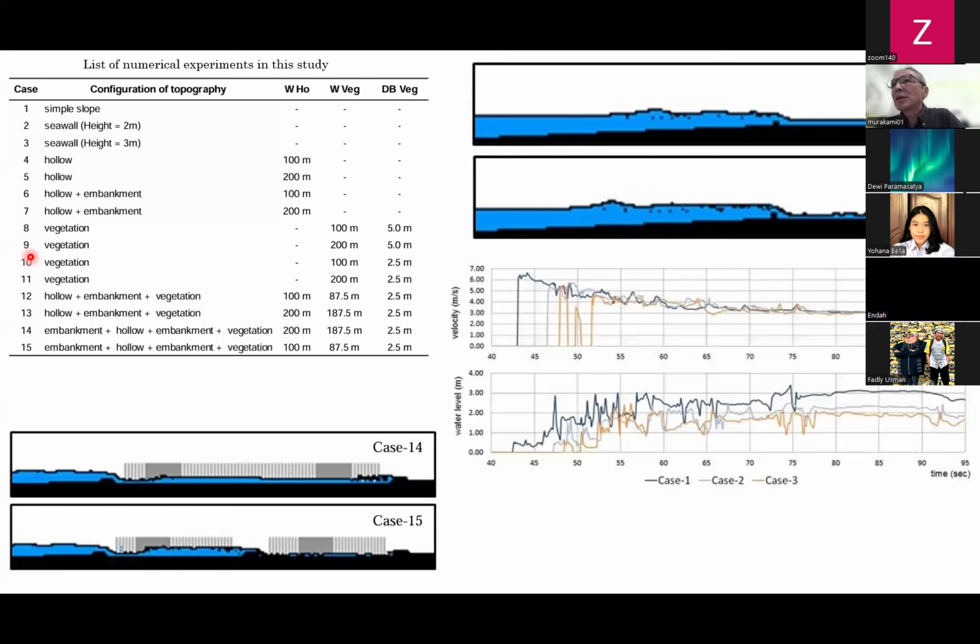It is then possible to consider the best combination of the coastal vegetation width and density, and the shape of the coastal topography. Of course, the calculation can also determine the flow velocities and pressures acting on coastal vegetation. Okay.